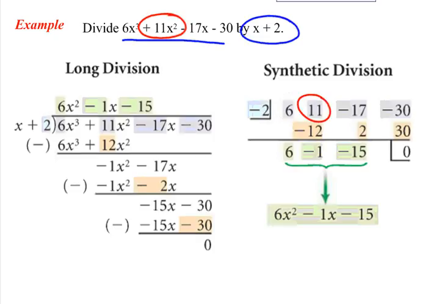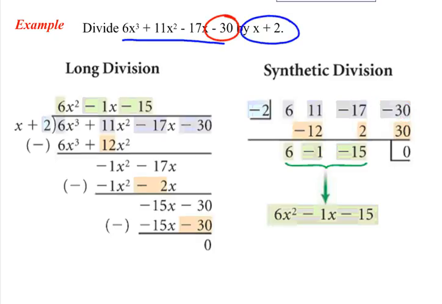That's why there's a positive 11 right there. The coefficient of the x term is negative 17. So there's a negative 17. And then finally the constant is negative 30, and that's why there's a negative 30 right there.